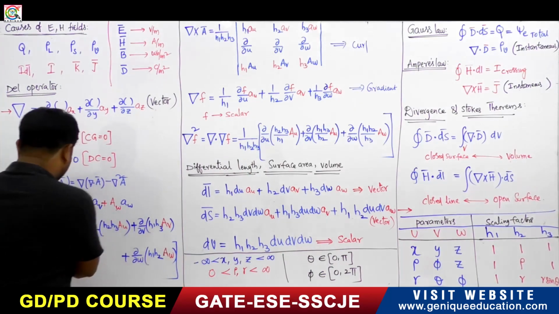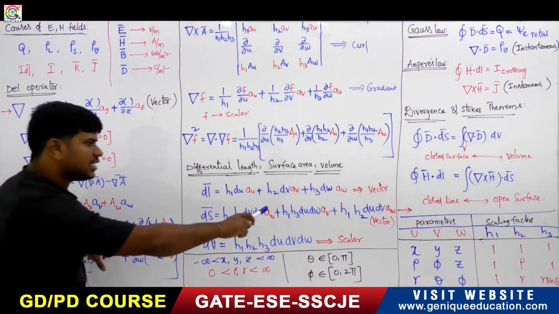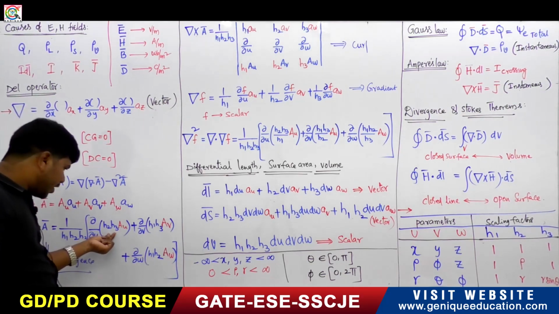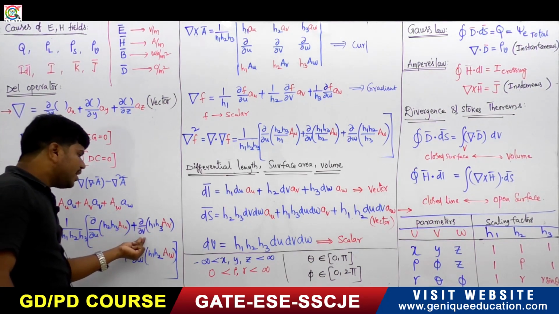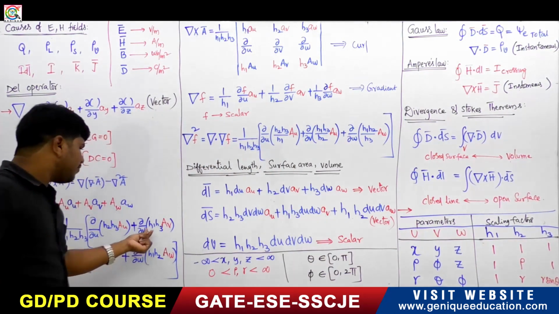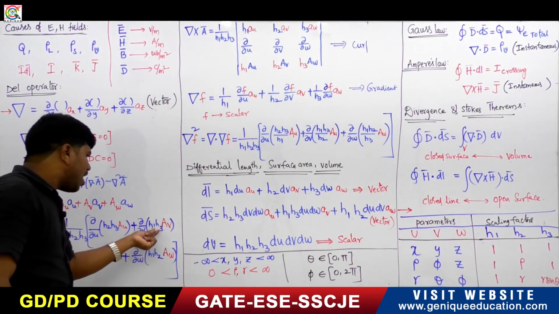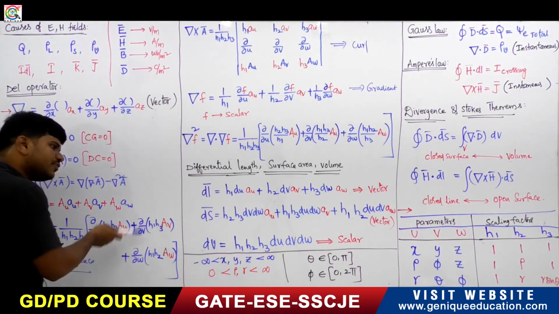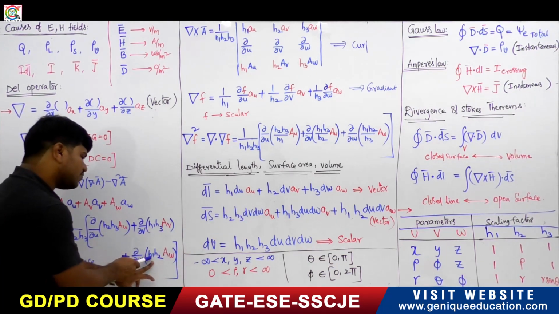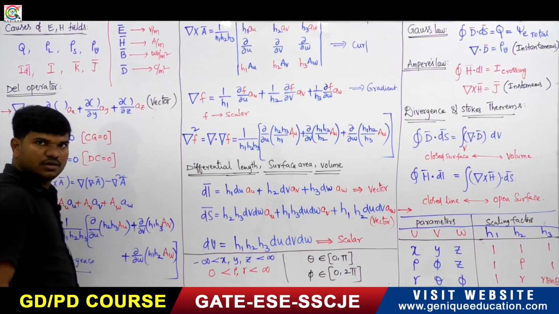So 1 divided by rho into dou by dou rho of H2 H3, which is rho into 1, so dou by dou rho of rho A rho, plus dou by dou phi of H1 H3, which is 1 into 1, so 1 only, dou by dou phi of A phi. Then dou by dou z of H1 H2, which is 1 into rho, into Az.